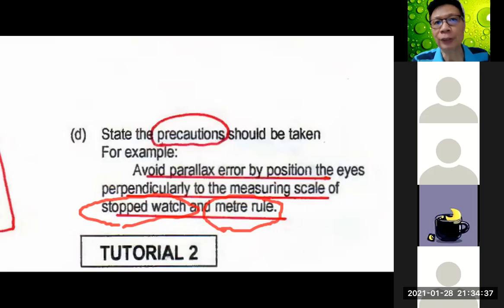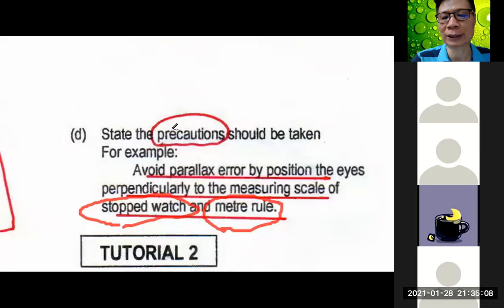So if your experiment uses vernier caliper or thermometer, then here you have to change. Avoid parallax error by positioning the eyes perpendicularly to the measuring scale of thermometer and vernier caliper. So here you must see what instrument is used in your apparatus.